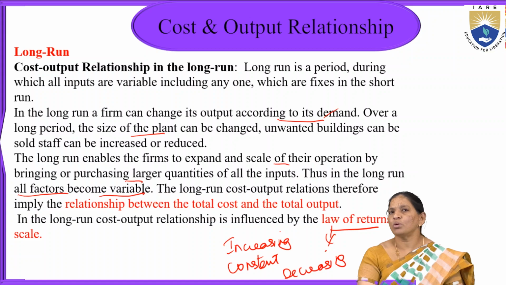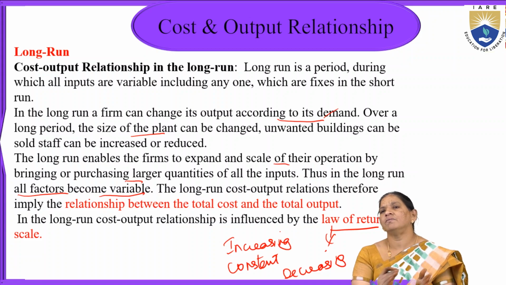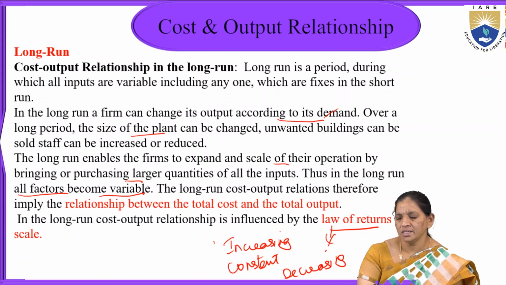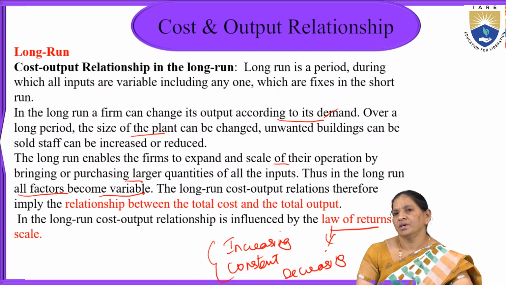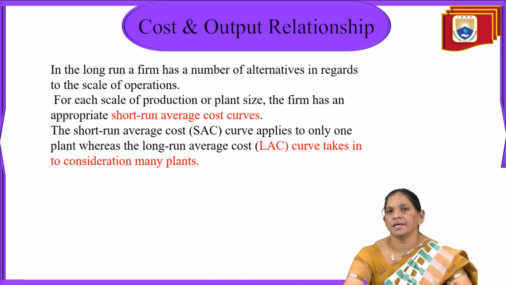In this cost function also, in the long run, when we take the output, that is production, into consideration, we are able to identify these three types of returns in the law of returns to scale.